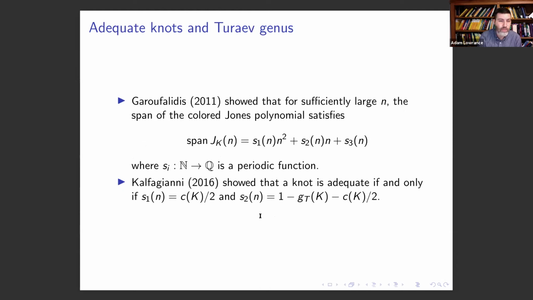I want to mention maybe one or two more things before we jump into really focusing on Turaev genus 1. So Efstratia Kalfagianni gave this really nice characterization of adequate knots, and the Turaev genus plays a role in it. Garoufalidis showed that for any knot, the span of the colored Jones polynomial, where my notation J_K(n) is the nth colored Jones polynomial, is roughly quadratic in the n that you're choosing, but the coefficients are periodic functions that depend on n.